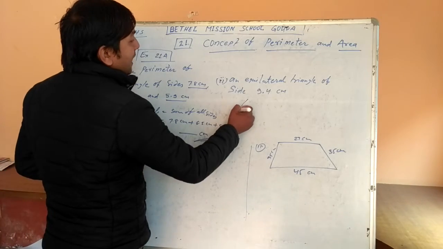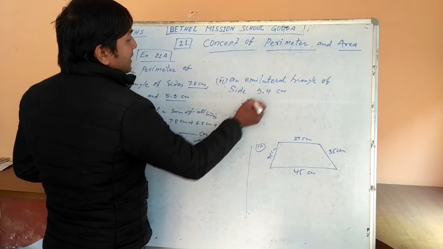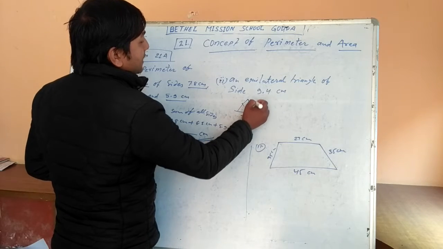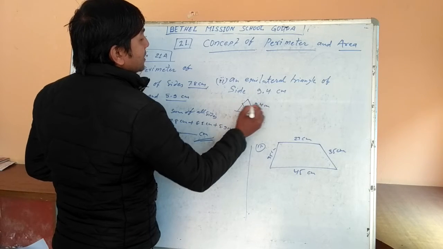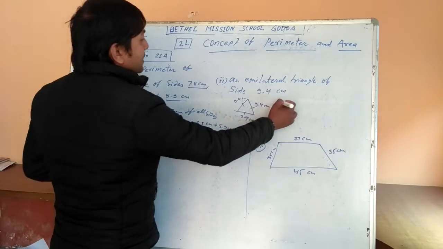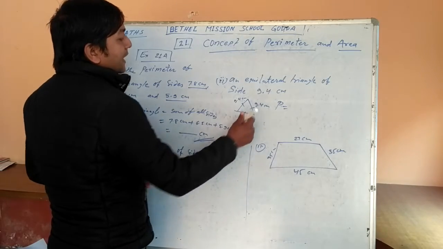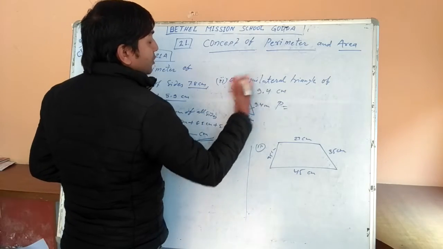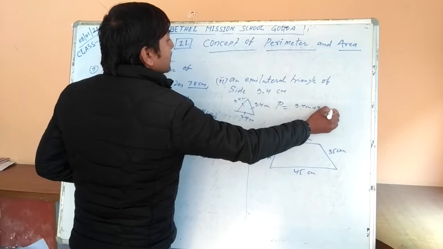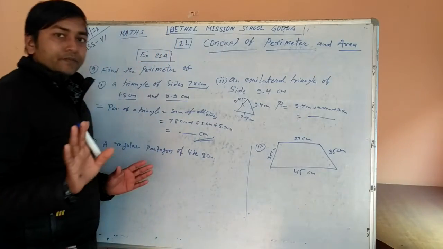Okay, when all sides are equal, it means if one side is 9.4 centimeter, then this one also 9.4 centimeter, this one also 9.4 centimeter. Now perimeter equals what? Perimeter equals the sum of all sides. So you can add 9.4 centimeter plus 9.4 centimeter plus 9.4 centimeter. Okay, you will get the answer.